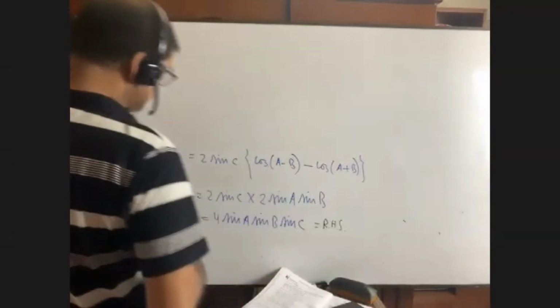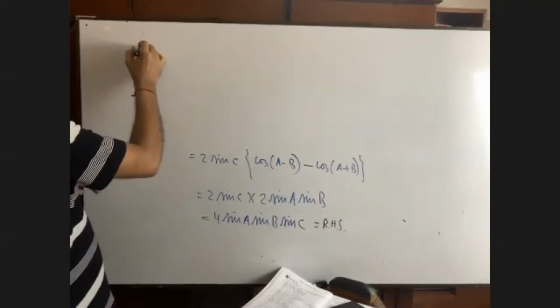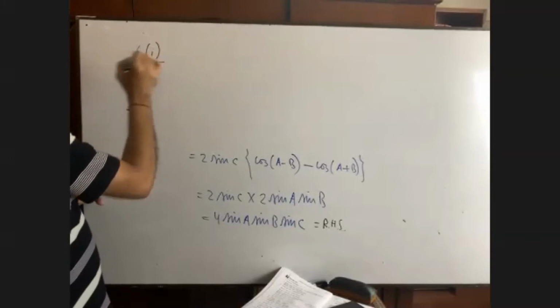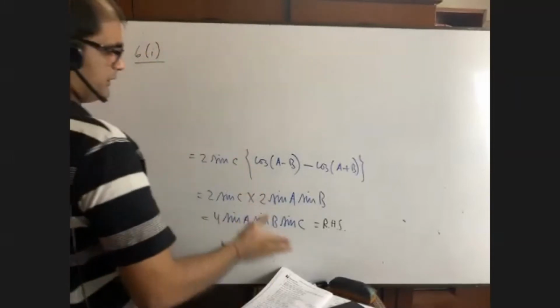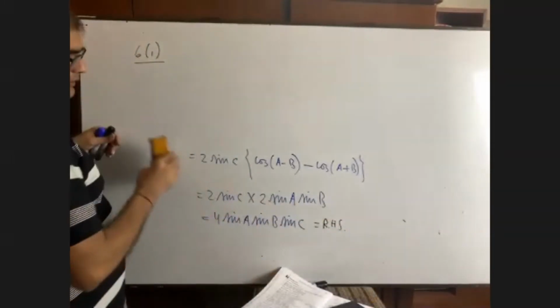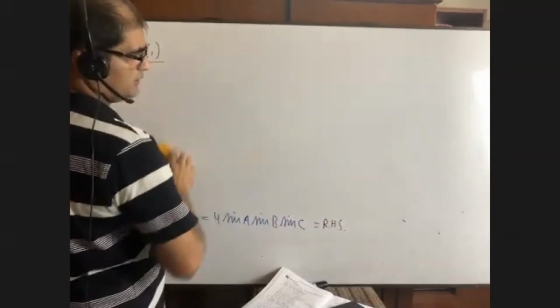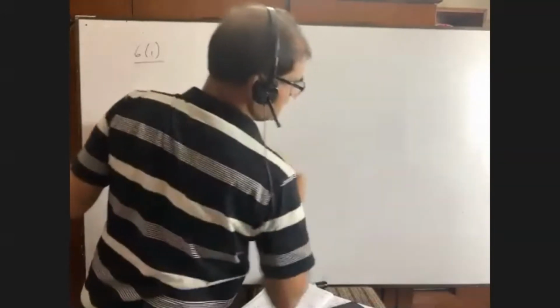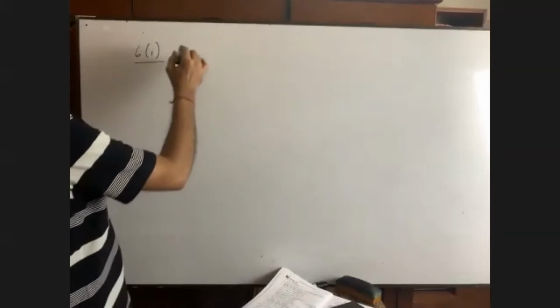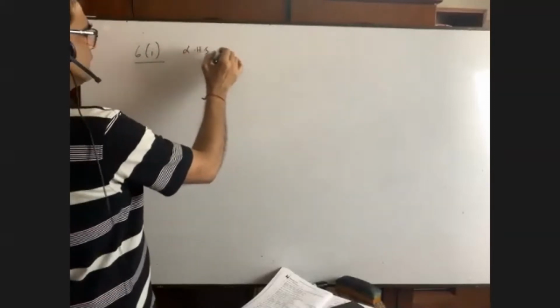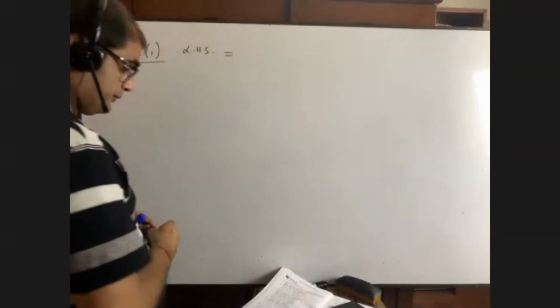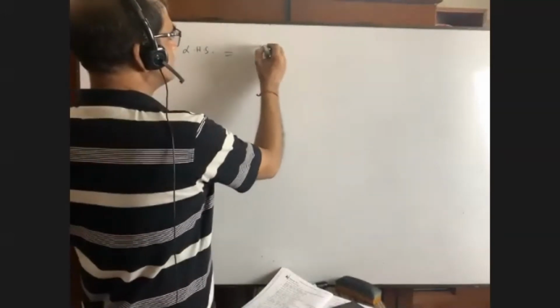Okay. Now going to question number 6. I think you have copied it, right? Yes, sir. Going to question number 6.1. Left hand side as usual, write down. Left hand side is equal to cosine a by sine b sine c. Very good.